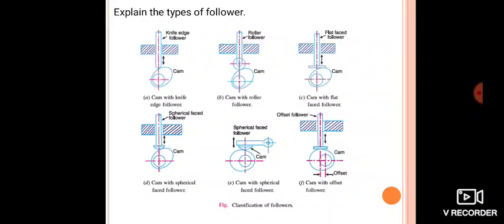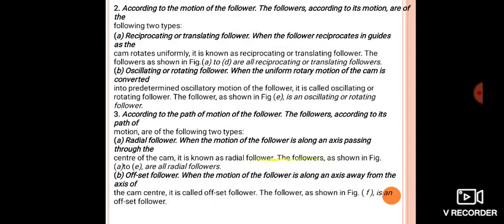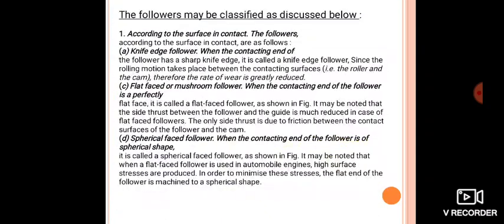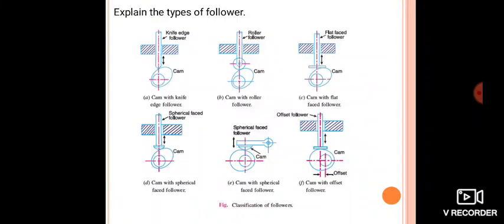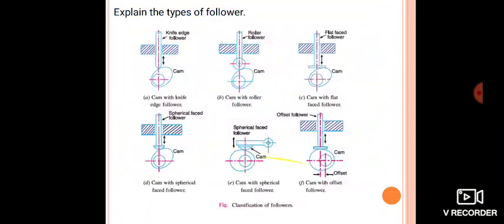If some amount of distance is given between the central axes of the follower and the cam, then that distance is called offset. So these are the classifications of the follower. This may be asked for 10 marks. Then next question.